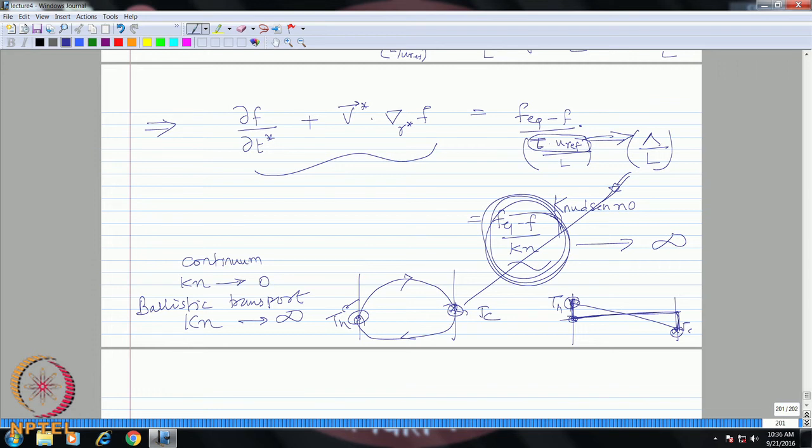And why is this conduction profile linear? Because it is dominated by diffusion. Okay. So, when you do not have any information propagation by diffusion, it is completely only advection which transports, and therefore, you have this. So, this profile will be for Knudsen number of infinity, and this is your diffusion limit.